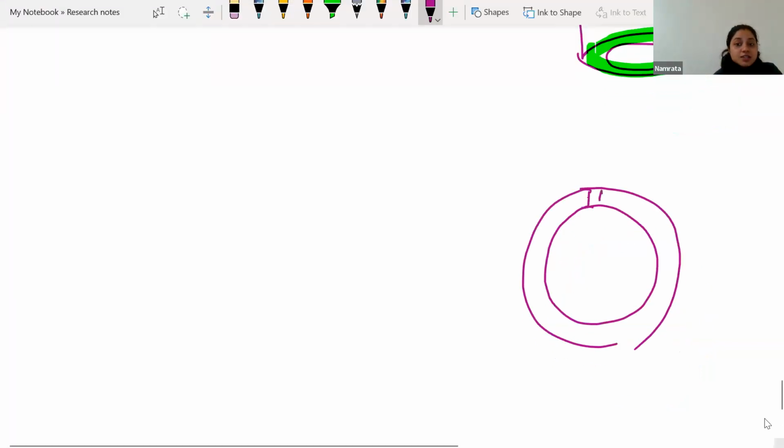If I say this is the shaded portion, you have already learned how to find its area. How? The area of the bigger circle minus the area of the smaller circle will give the area of the shaded portion, right?